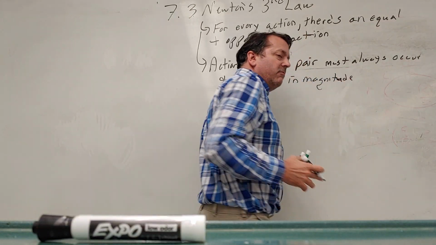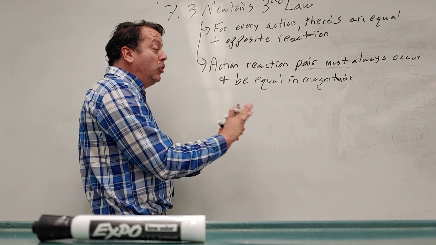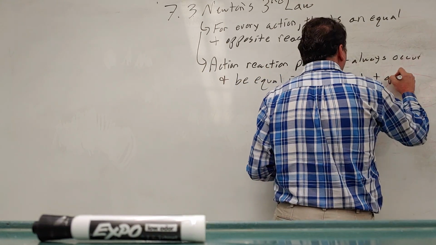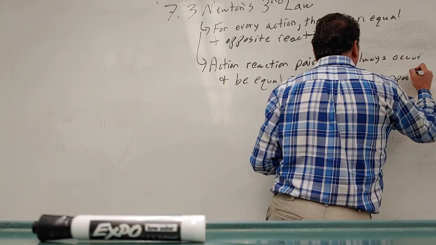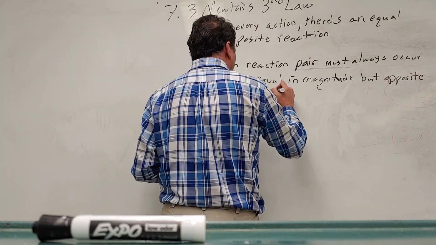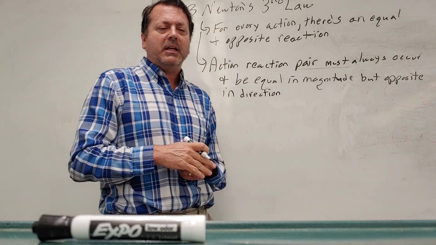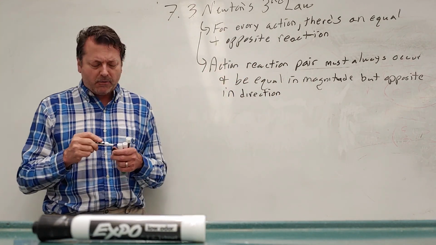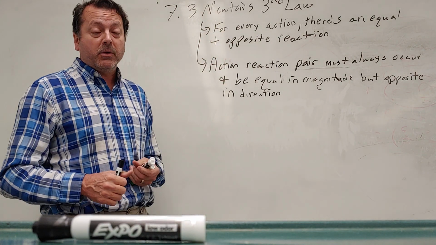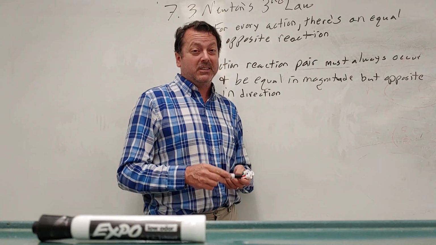In other words, the same amount of push or pull, but opposite in direction. Every time there's a force, there's another force with it, an action-reaction pair force that you've got to take into account. And Newton came up with this in the 1600s.